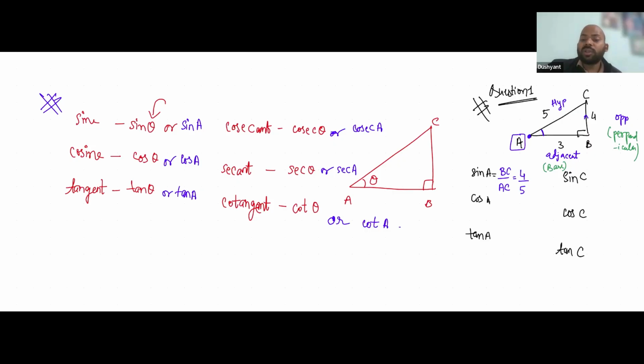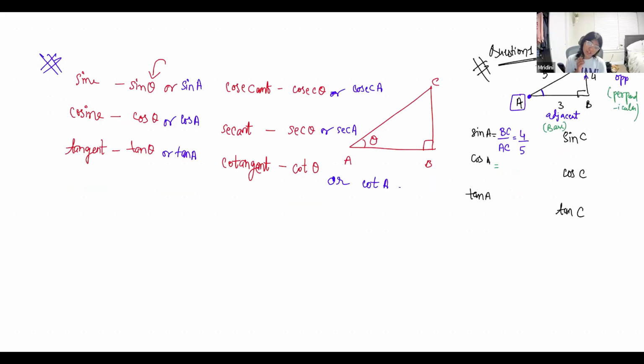Now let's talk about cos of A. Tell me, cos of A would be adjacent over hypotenuse, so it's 3/5.